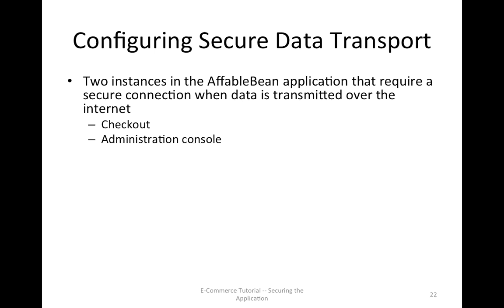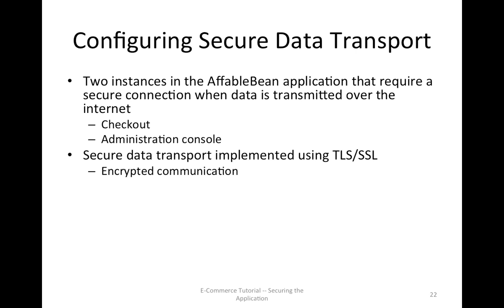So secure data transport is typically implemented by using TLS or SSL. TLS stands for Transport Layer Security. SSL stands for Secure Sockets Layer. When HTTP is applied on top of the TLS or SSL protocol, it provides both encrypted communication and secure identification of the server.